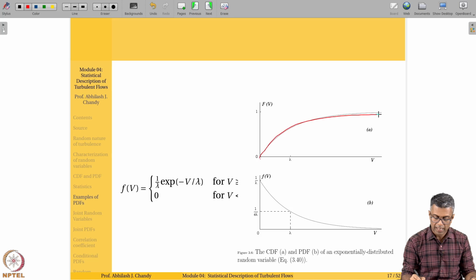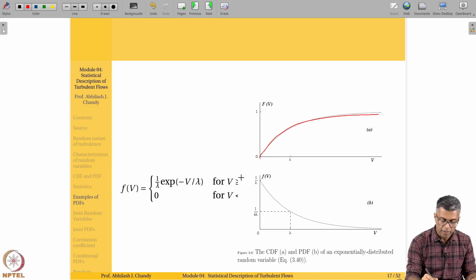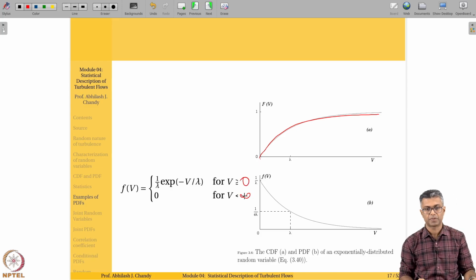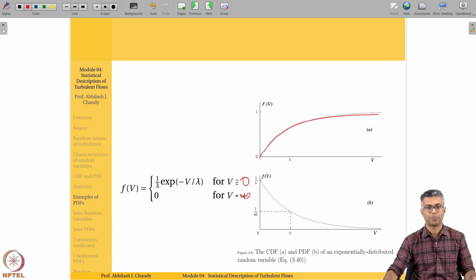And if I look at the PDF, if I take a derivative of that, it is exponentially decreasing. So this would be v greater than or equal to 0, and this would be v up to infinity. It actually asymptotically goes to 0.